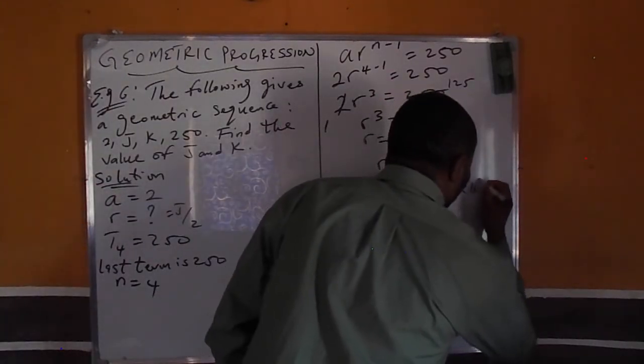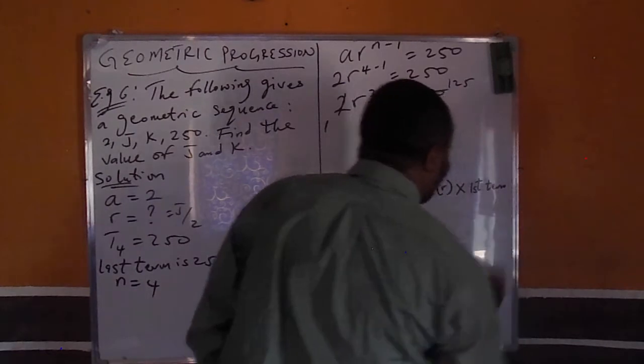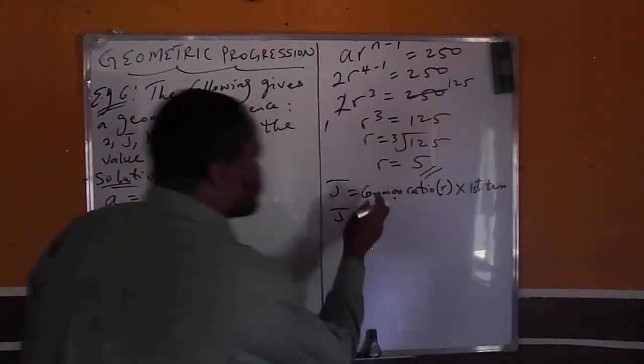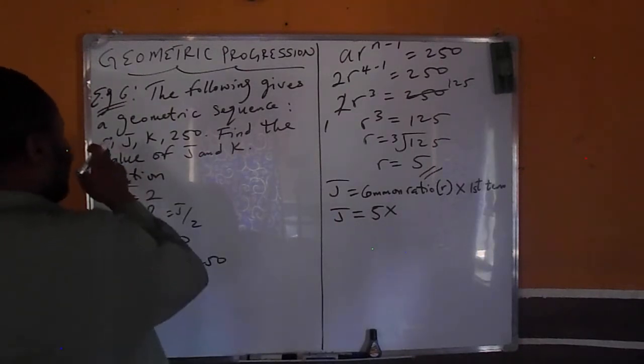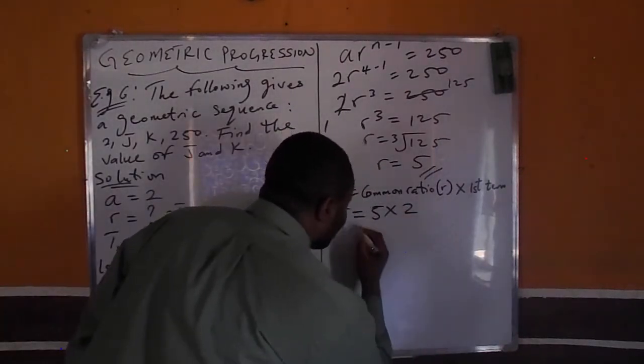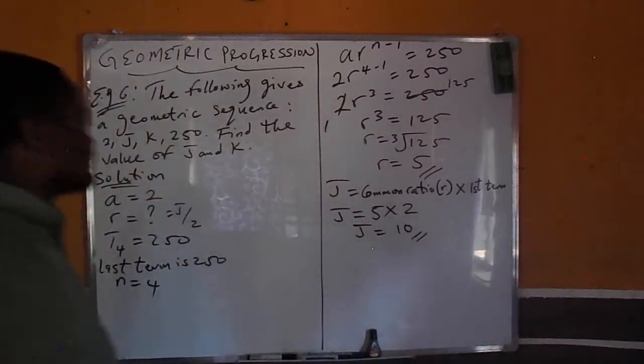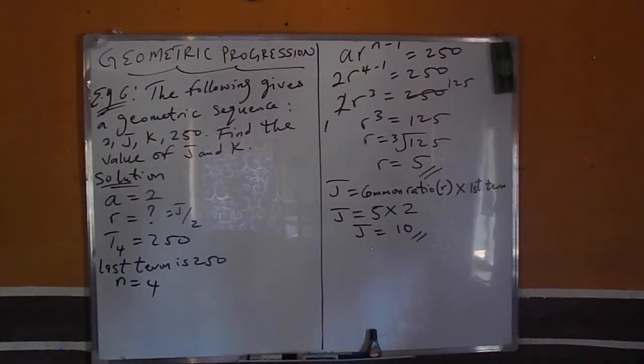What's our common ratio? 5 times the first term, which is 2. j equals 10.